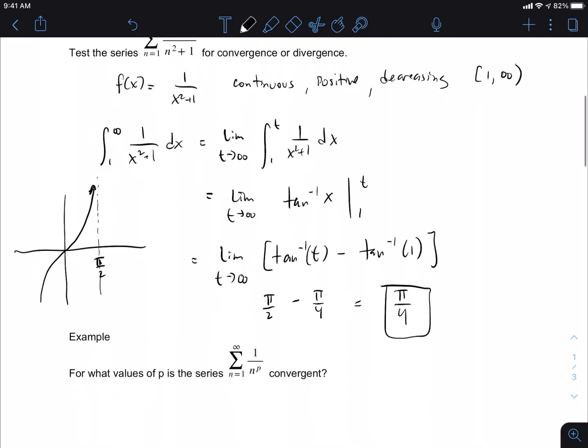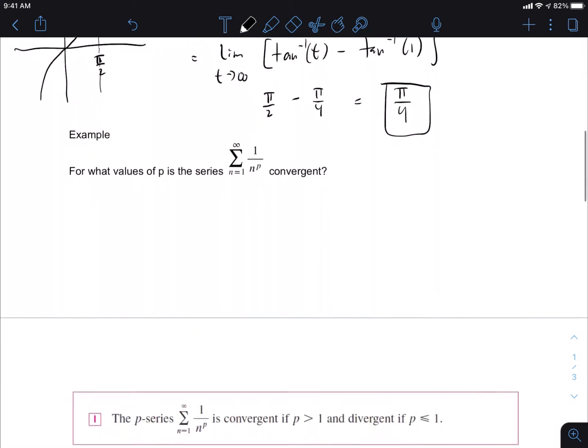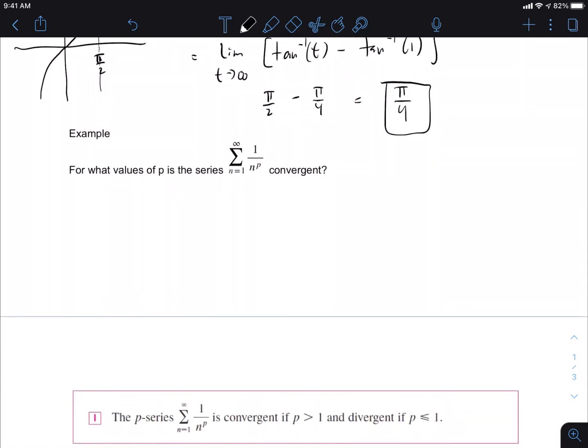All right, let me show you another one. This one asks, for what values of p is the series, the sum from 1 to infinity of 1 over n to the p, convergent? One of the things we can do is talk about it a little bit.